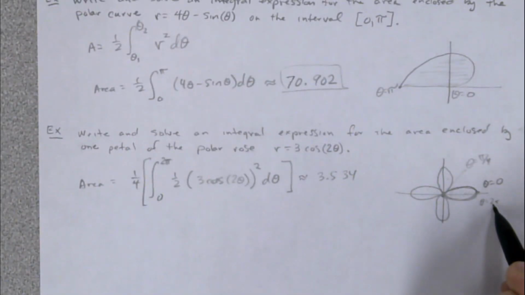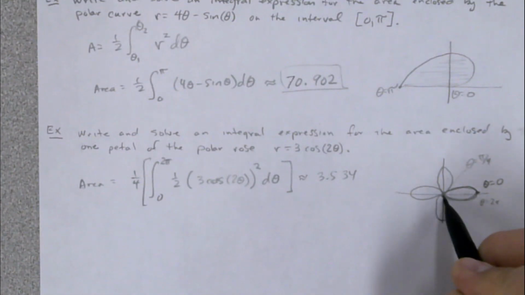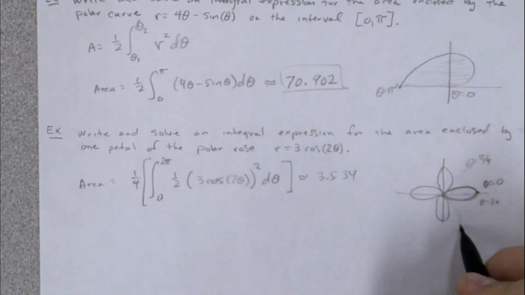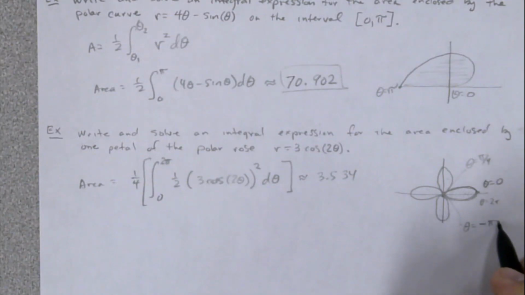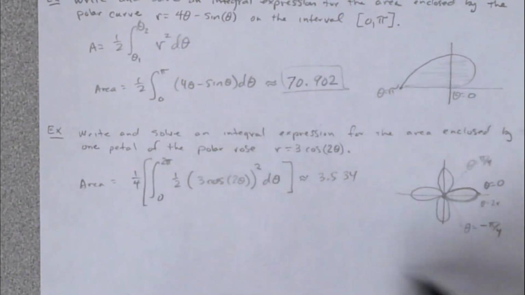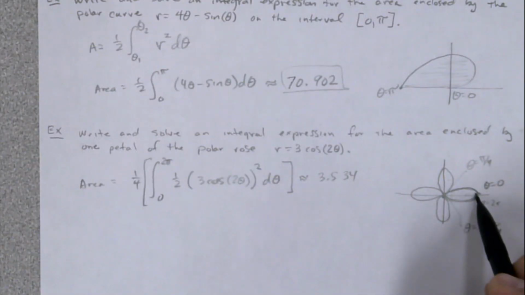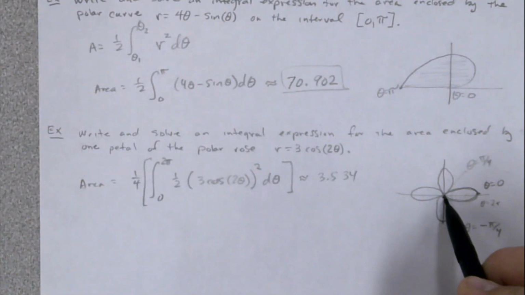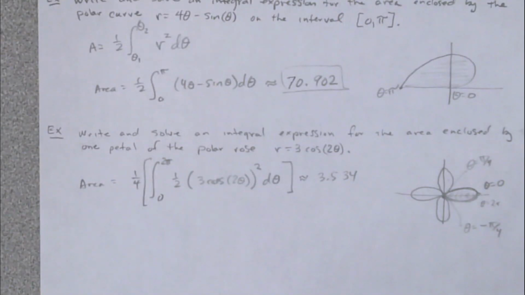Instead of ending at 2 pi, this piece can be drawn by looking at theta equal negative pi over 4. Normally we go in the counterclockwise direction, but negative angles go in a clockwise direction, remember? So I can go to negative pi over 4, it puts me right back in here also, and that just generates this one petal. Okay?